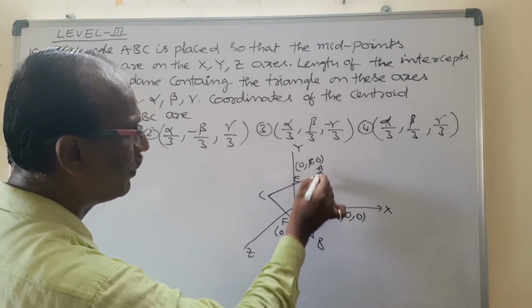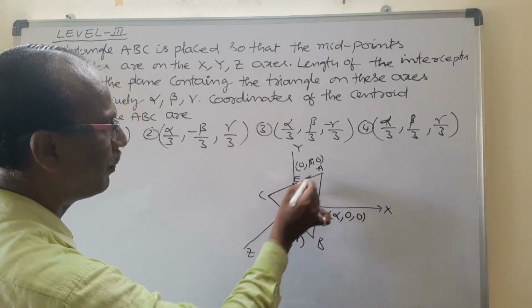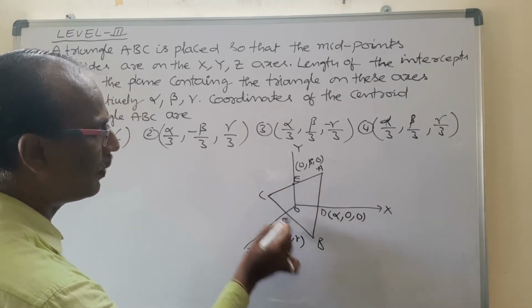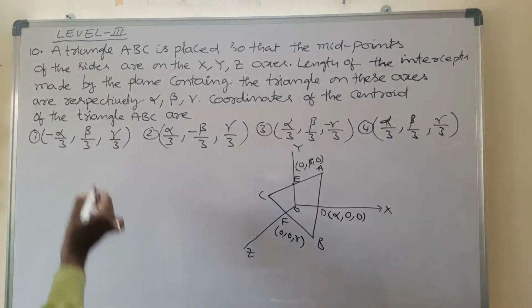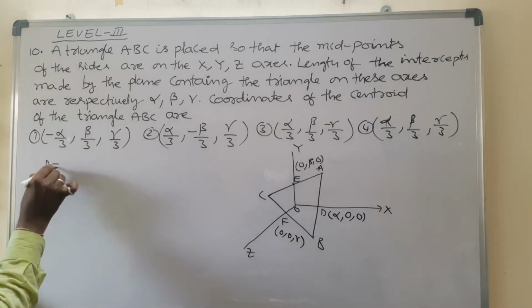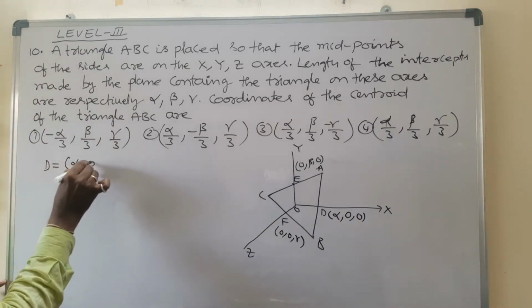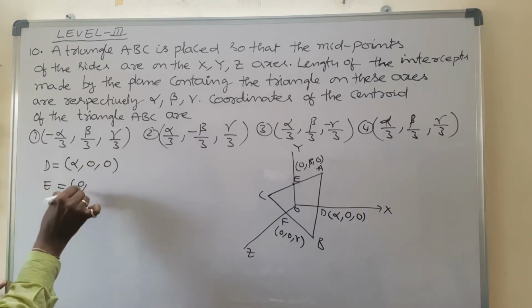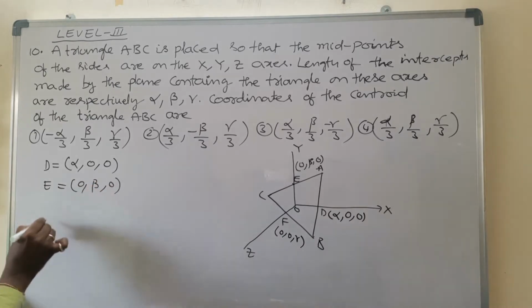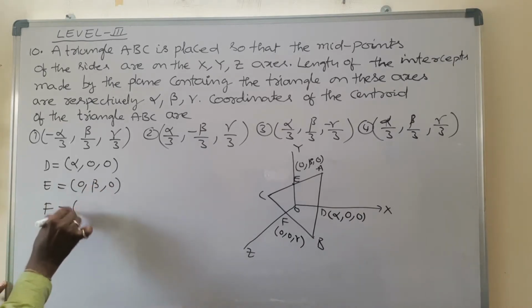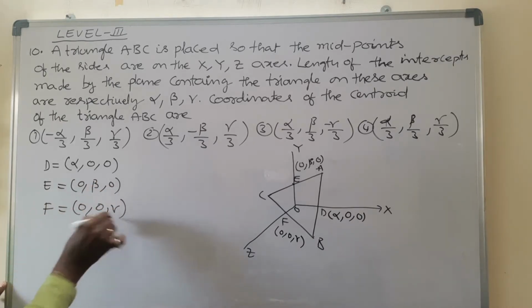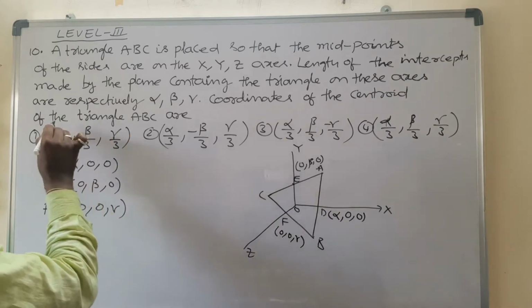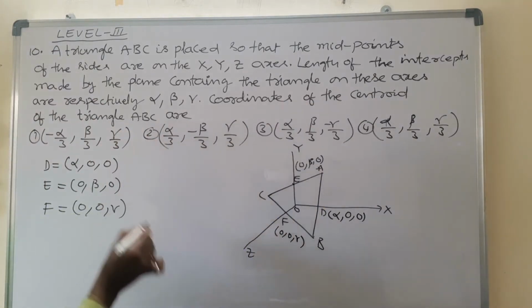Here D is the midpoint of AB, E the midpoint of AC, F the midpoint of BC. In this question, D equals alpha, 0, 0, E equals 0, beta, 0, F equals 0, 0, gamma. Here we have to find the centroid of the triangle ABC.